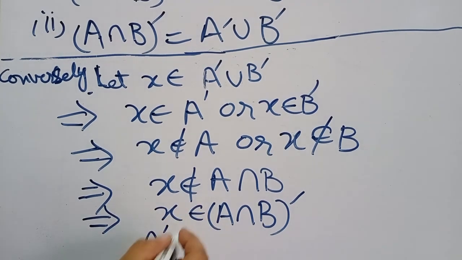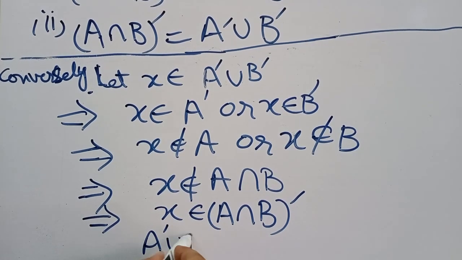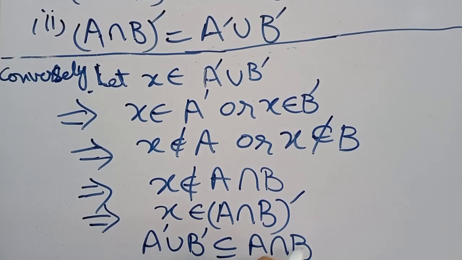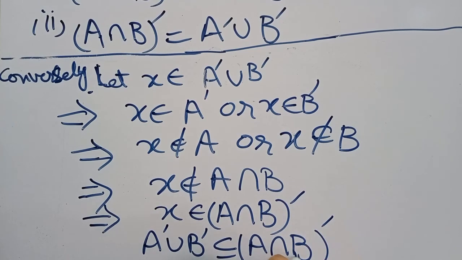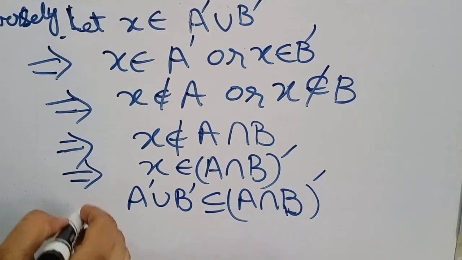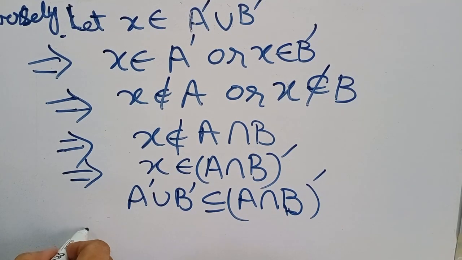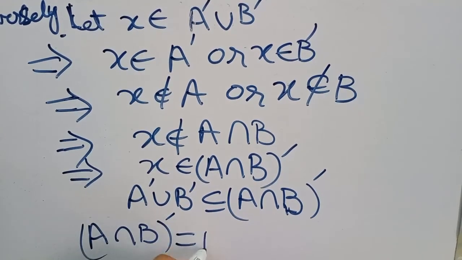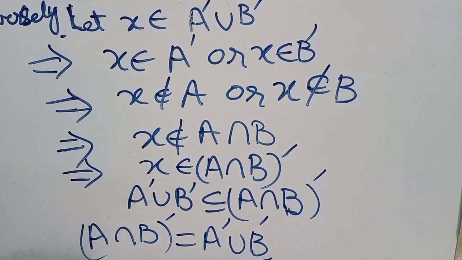It means A complement union B complement is a subset of (A intersection B) whole complement. This leads us to the proof that (A intersection B) whole complement is equal to A complement union B complement, and hence our proof is completed.